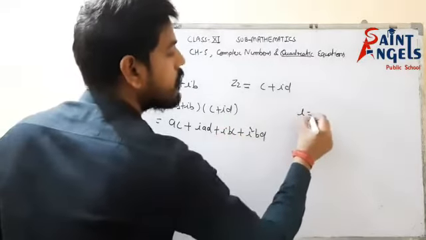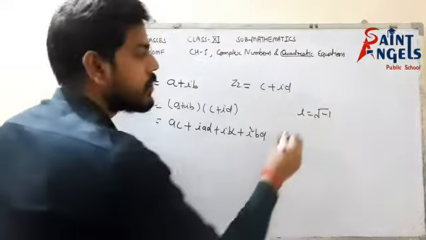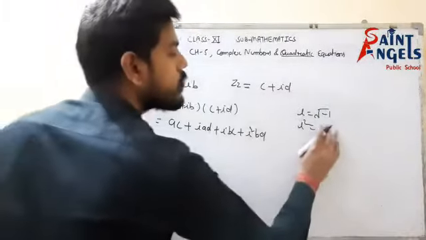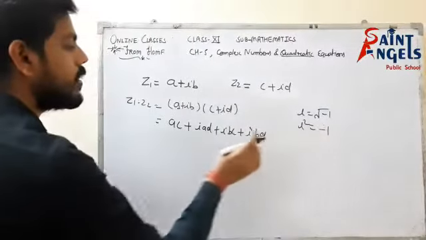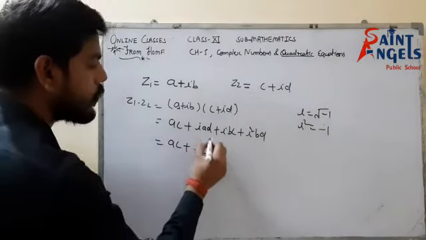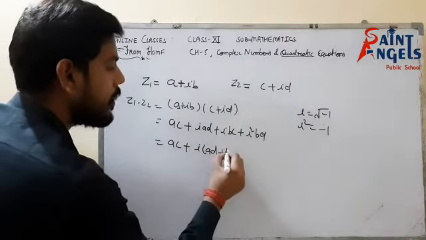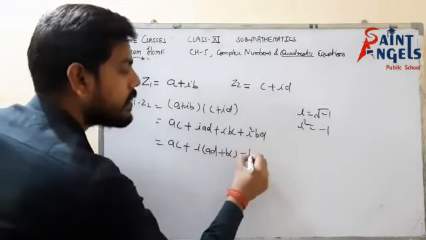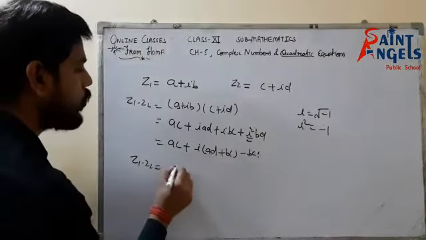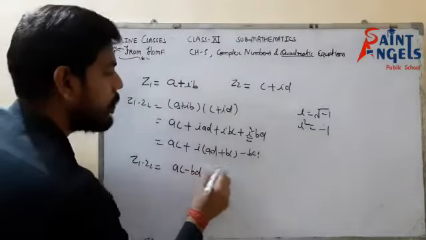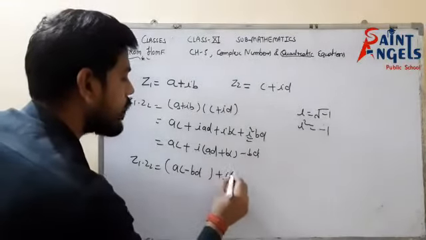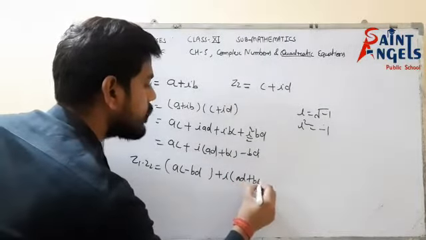But we know that i equals under root minus 1, so i square would be equal to minus 1. So use this information. That would be ac plus, taking i common, we are left with ad plus bc, and that would be minus bd because i square is equal to minus 1. So z1 into z2 would be ac minus bd plus iota (ad plus bc).